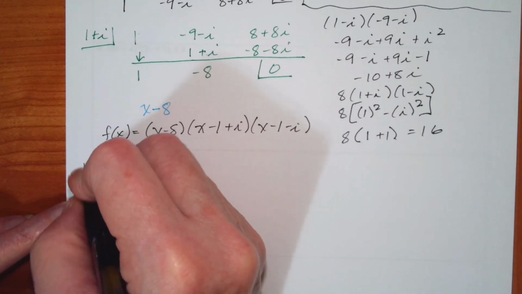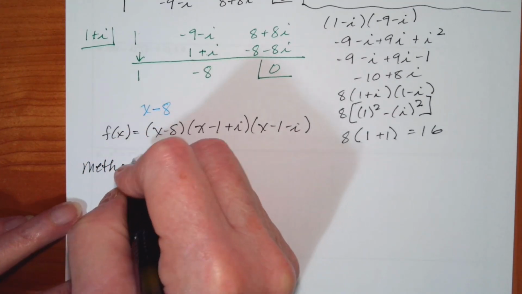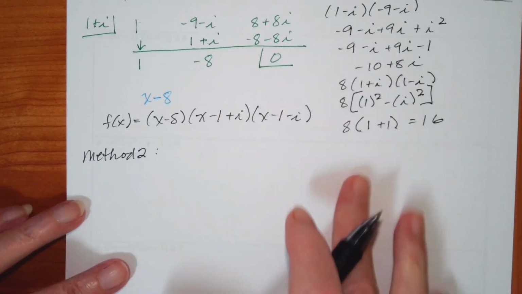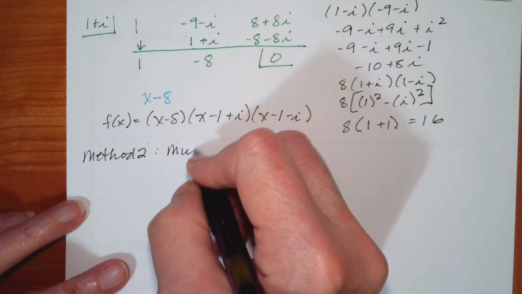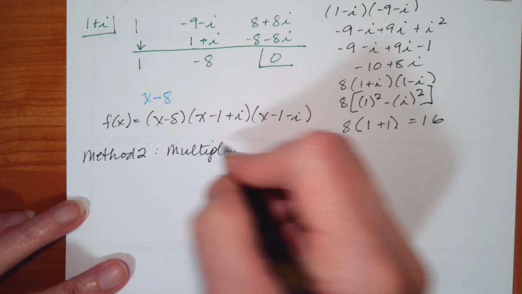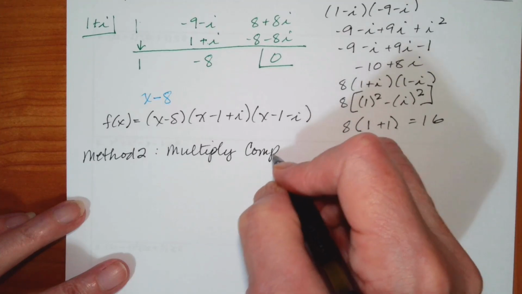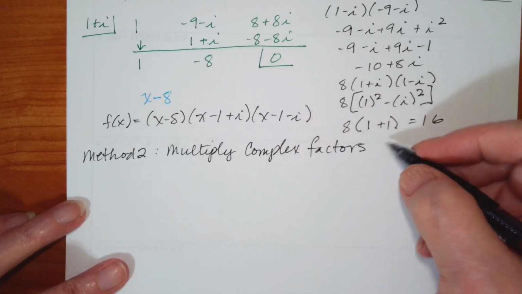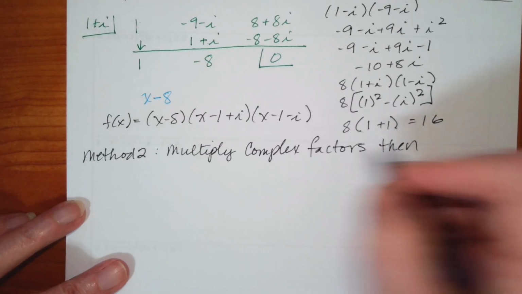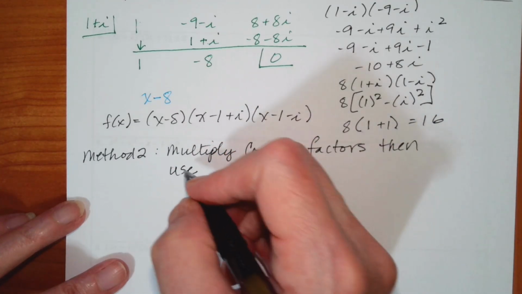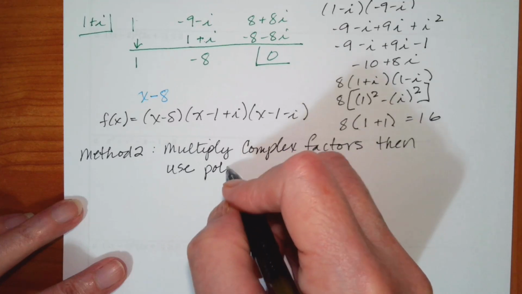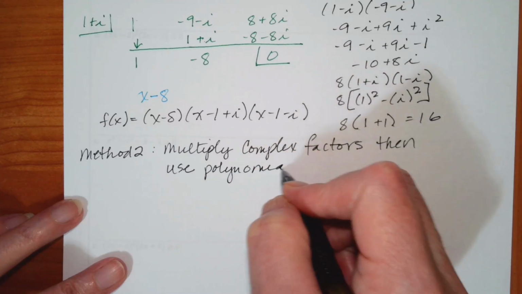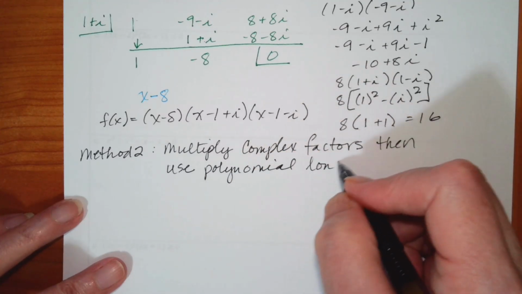Now for method 2, I'm going to multiply the complex factors, then use polynomial long division.